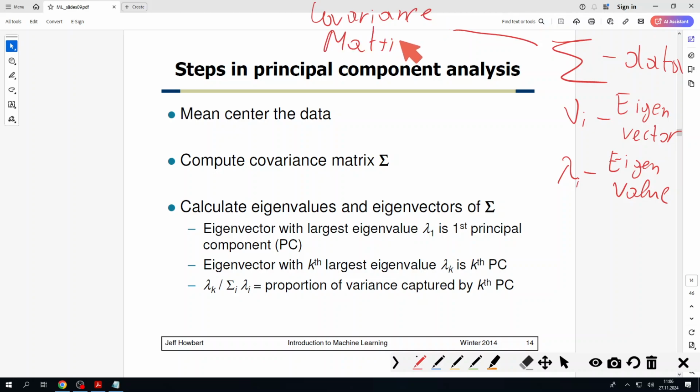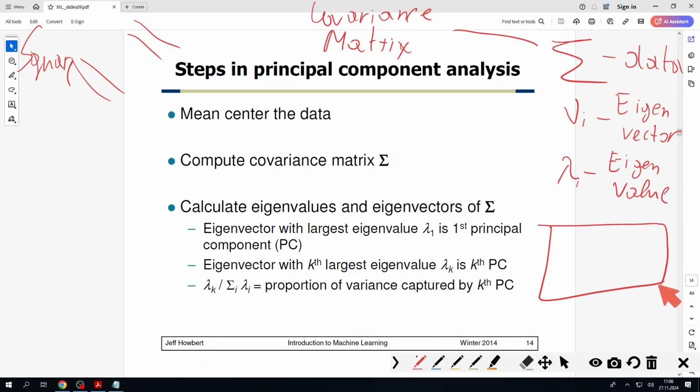And the good thing about the covariance matrix is that it is symmetric, meaning that your diagonals are the same, and it is also always square. It just cannot be non-square. This is very good for us because it allows you to find an inverse, some solutions and all that, which otherwise would not necessarily be possible. What we want to do now is solve this kind of equation, and that is exactly what the principal component algorithm does.